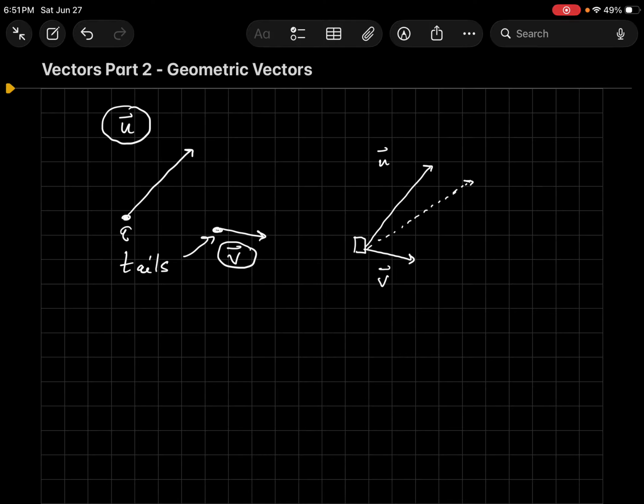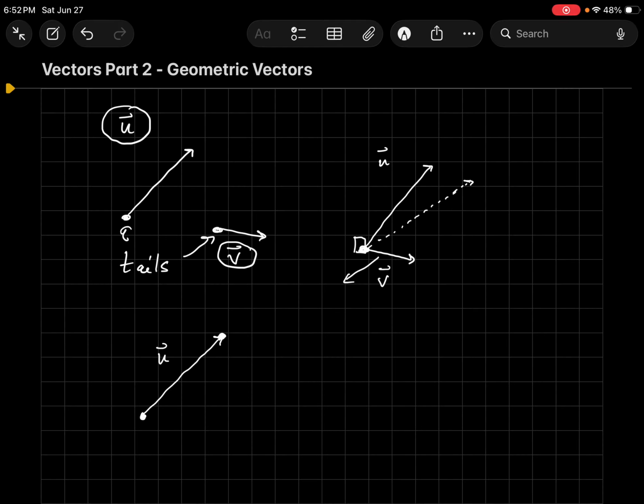And I'm going to redraw this down here, but in a slightly different fashion. So I'll put my u here again. This first picture was just two people pushing to give you an intuition of what would happen. But geometrically, what I would do, instead of putting the two tails together, I would take u, for example, and then I would move v so that its tail would be at the very tip of u.